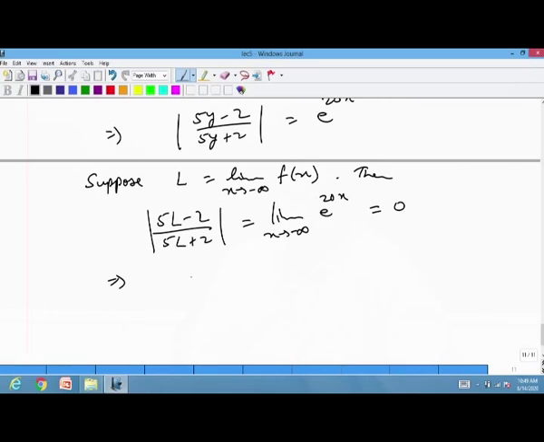So, this implies 5L minus 2 equal to 0, which implies L is equal to 2 by 5.